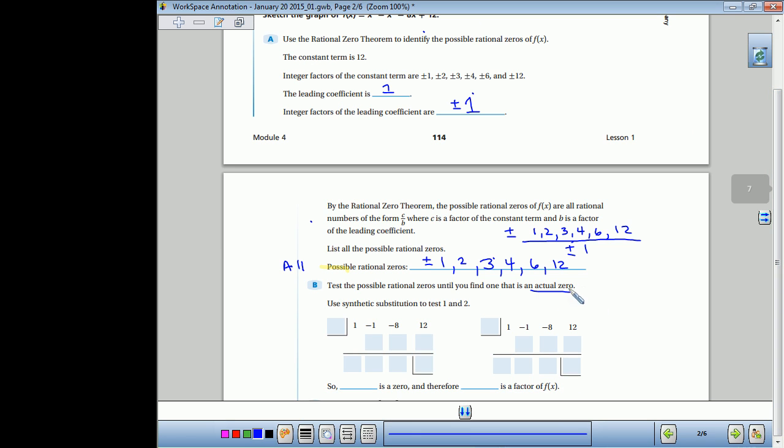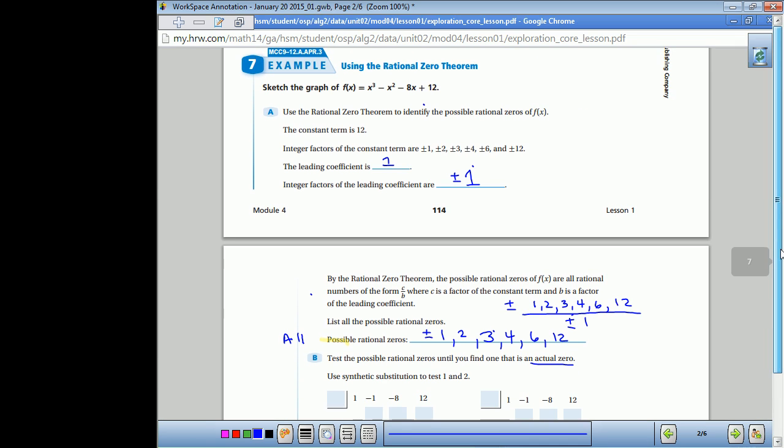If it's an actual zero, what will the value of the function be? 0. So one way we could do it is to plug in. What are they asking us to test? 1 and 2. Let's find f of 1, and let's find f of 2.